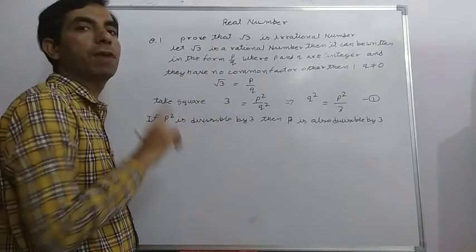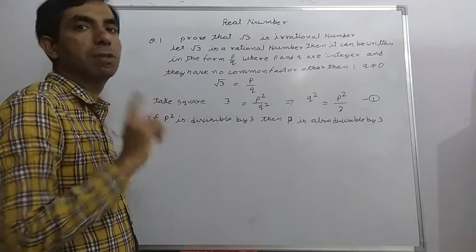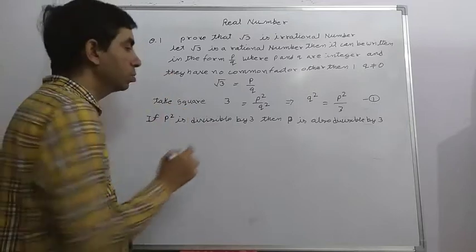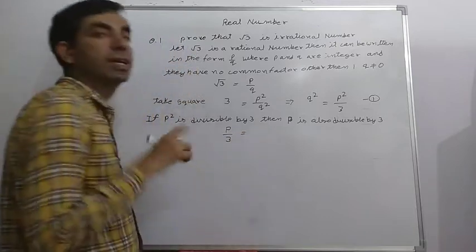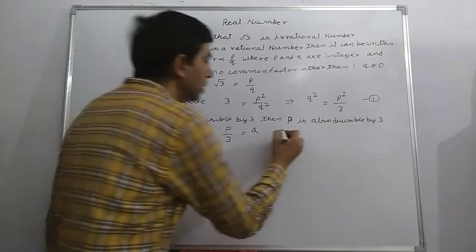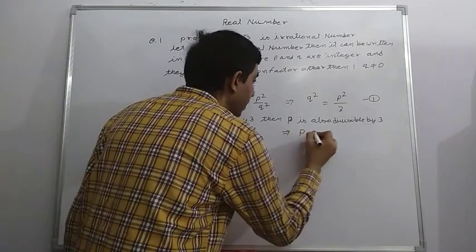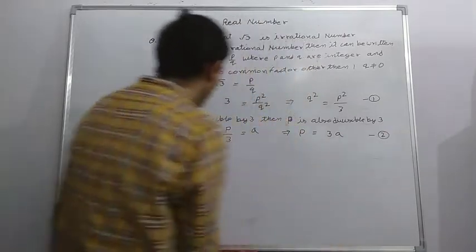Means if the square of any number is divisible by a number, then that number is also divisible by that same number. So p is divisible by 3, which means p equals 3a for some a. It is the second equation.